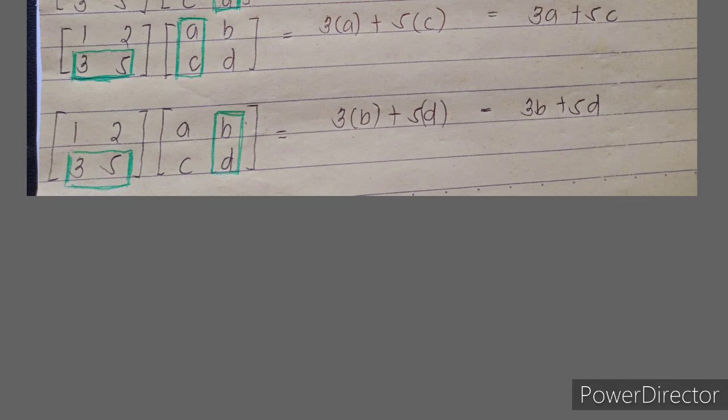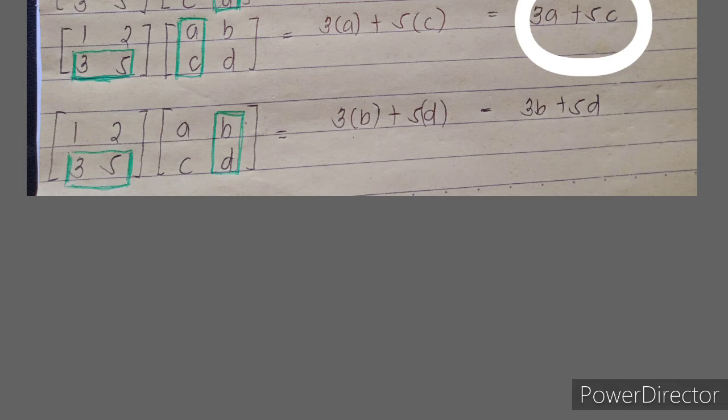Multiply the corresponding entries in the second row of A and the first column of B, where 3 is multiplied by A and 5 multiplied by C. Then we get 3 times A plus 5 times C, which is equal to 3A plus 5C.